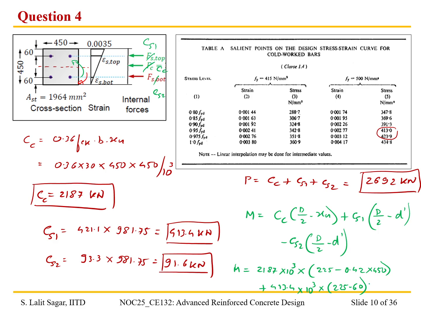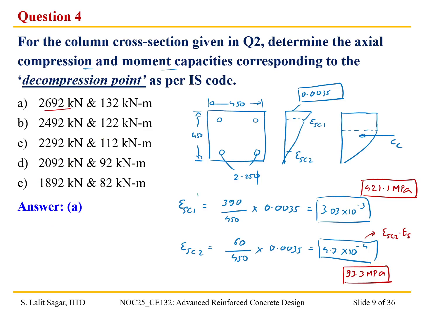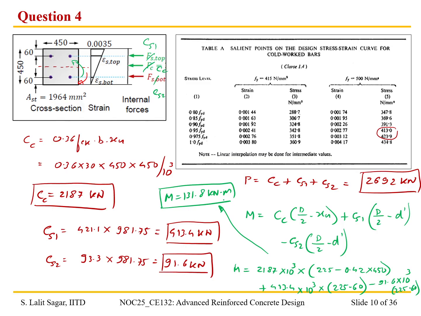Here we have 91.6 into 10 to the power 3 multiplied by 225 minus 60. So we are all set. From this we can obtain the moment capacity, M equal to 131.8 kilonewton meter. I request you to check all the calculations if possible. We can round it off to 132.